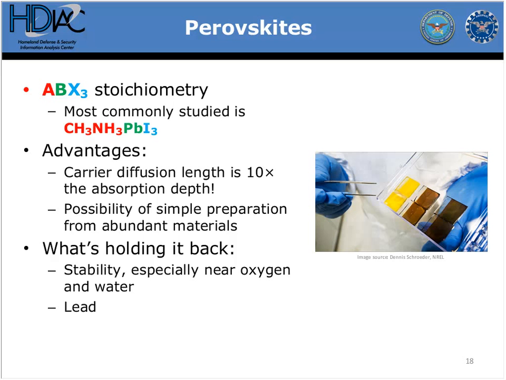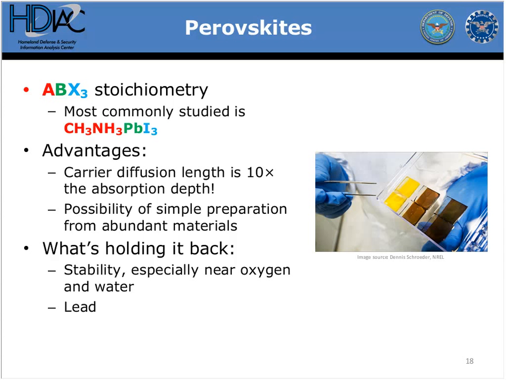And furthermore, this material is nothing new to us. Named after a Russian mineralogist from the early 1800s who discovered it back in the 1800s. But what is new is the application of perovskites to photovoltaics. The typical investigated material is an organometal trihalide, but there are other halides investigated as well.